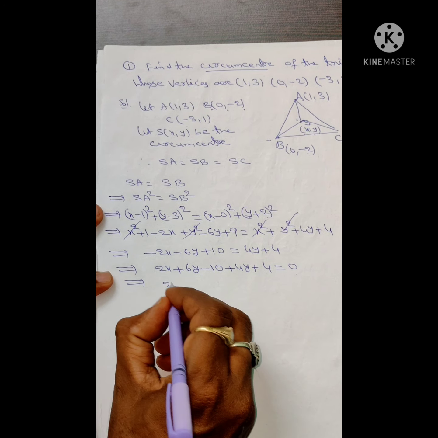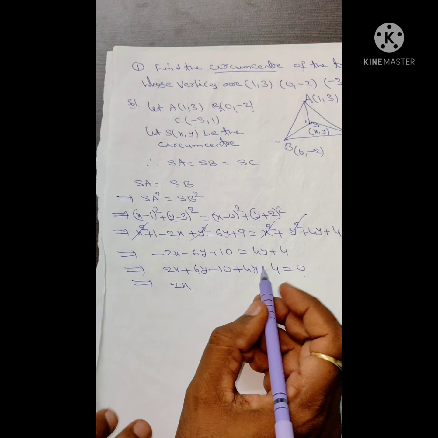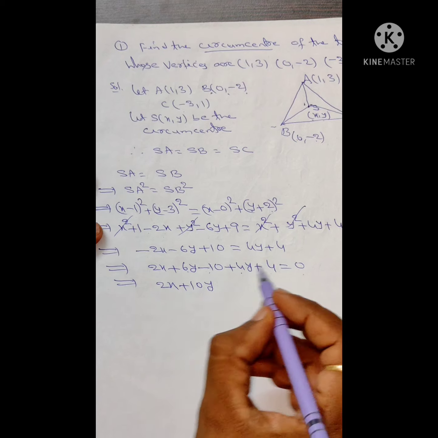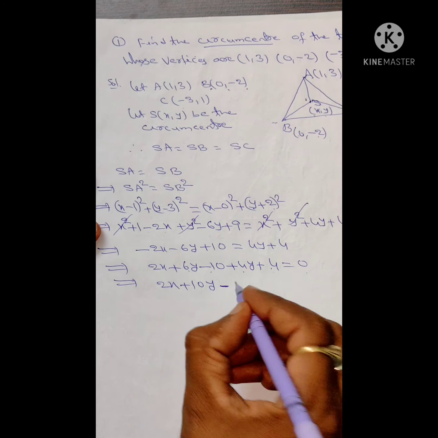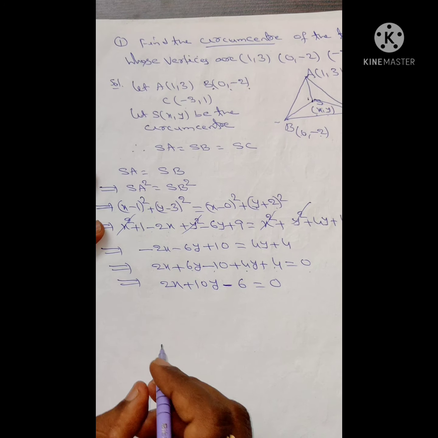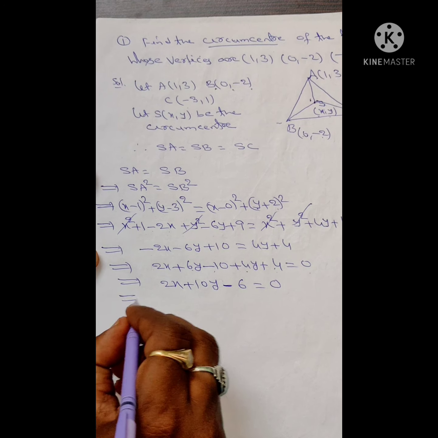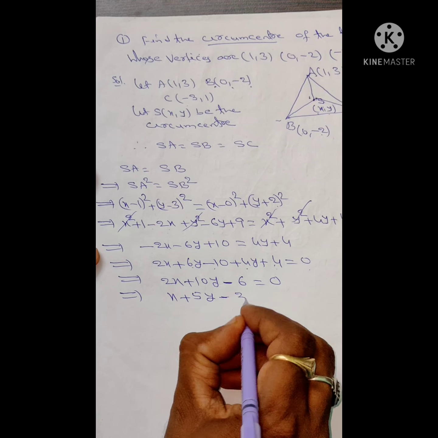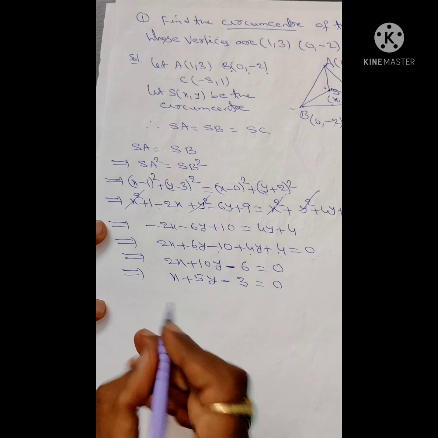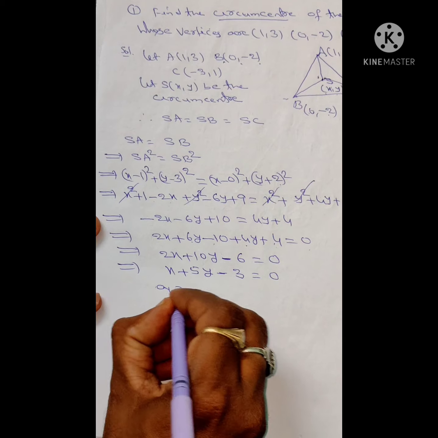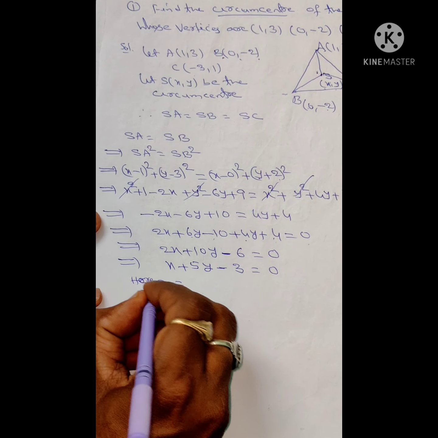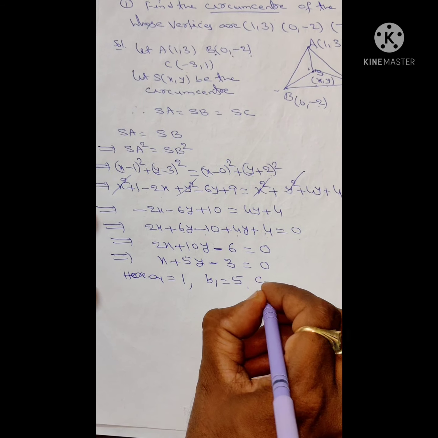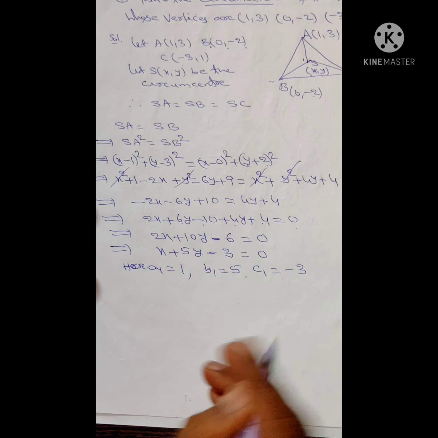This implies 2x plus 10y minus 6 equals 0. Dividing by 2, x plus 5y minus 3 equals 0. So a1 is 1, b1 is 5, c1 is minus 3.